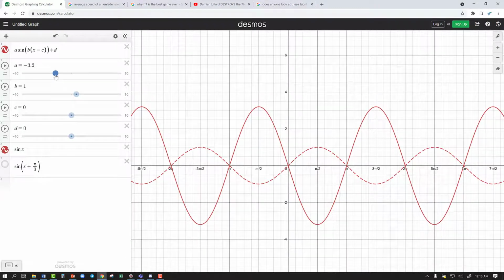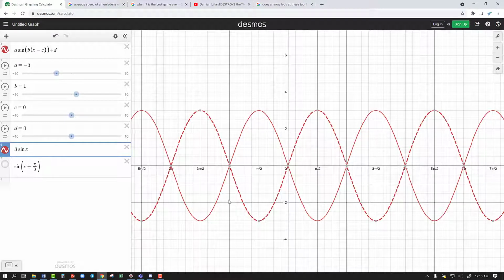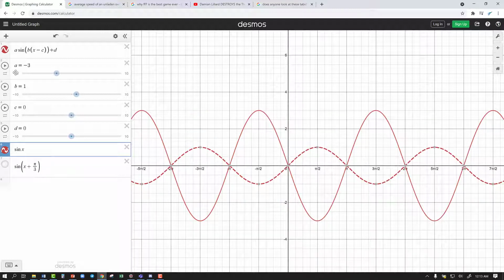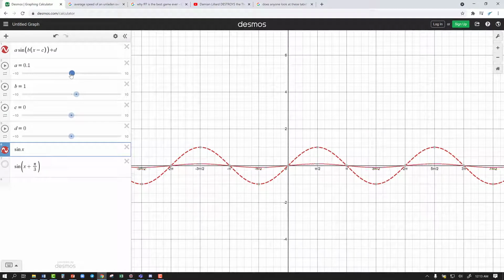Let's say we want to make it -3, and then I change this to 3 sine of x. It's the same wave, it's just been flipped, and that's all the negative sign does there. Okay, so let me put this back to 1. And, of course, 0 just makes everything 0. So you get y equals 0, and that's not really a sinusoidal curve anymore. So it's got to be non-zero for a.